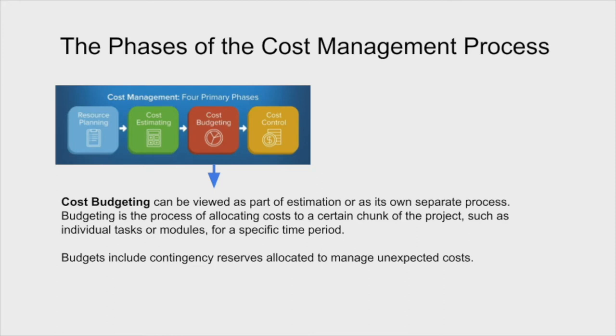So for example, if the project has 10 phases or 10 parts to it, what is the cost of part 1? What is the cost of part 2? And so on. So breaking it down into the tasks allows us to get a better handle on the exact cost of each of those tasks and then build up in order to get a total price or a total budget for the project.